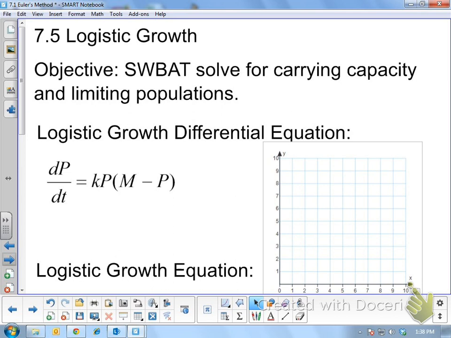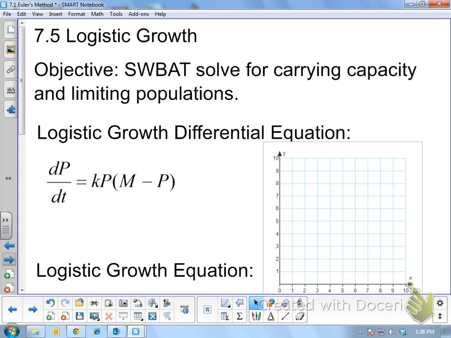So the differential equation for logistic growth is dp over dt equals kp times m minus p. So notice, there are no x values in this differential equation. T is our x value, and there are no t's in this differential equation.